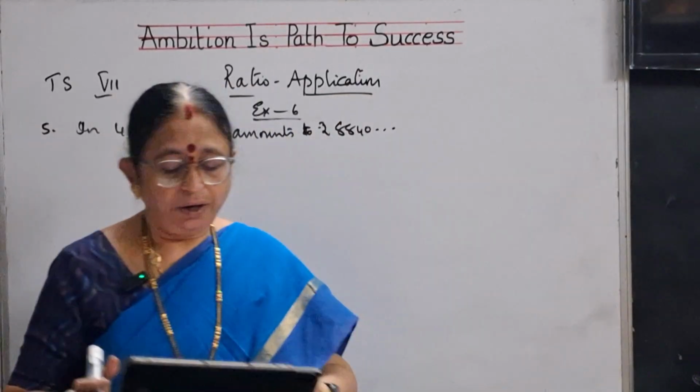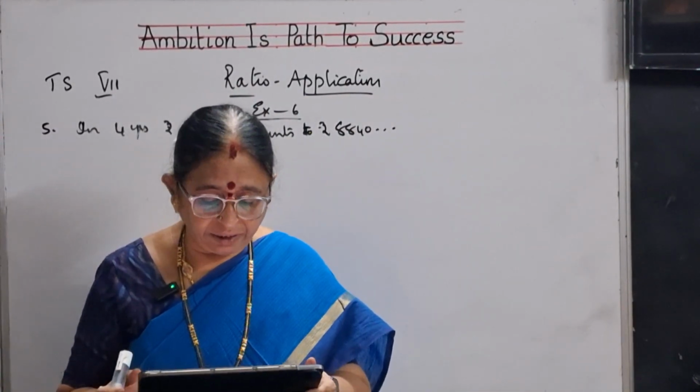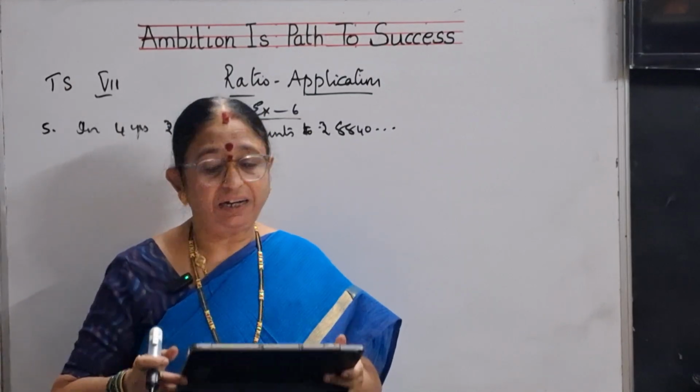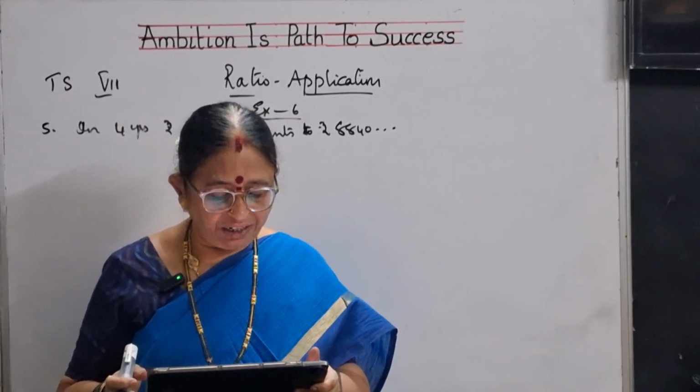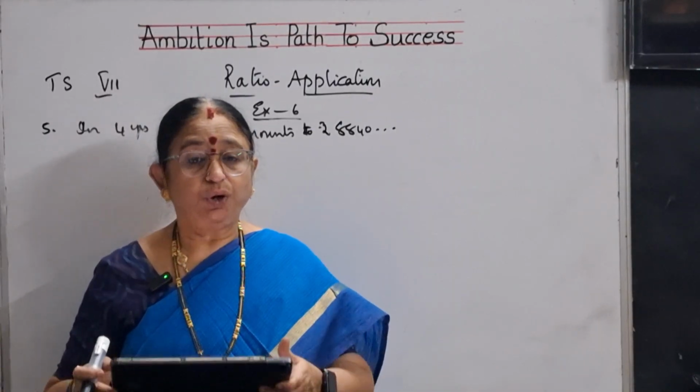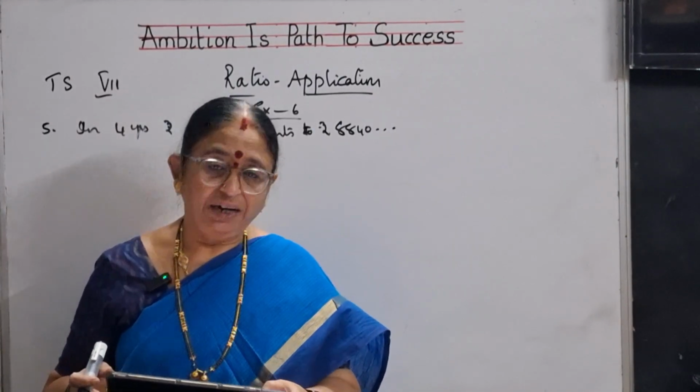In 4 years, rupees 6,500 amounts to rupees 8,840 at a certain rate of interest. In what time will 1600 amount to rupees 1860 at the same rate?